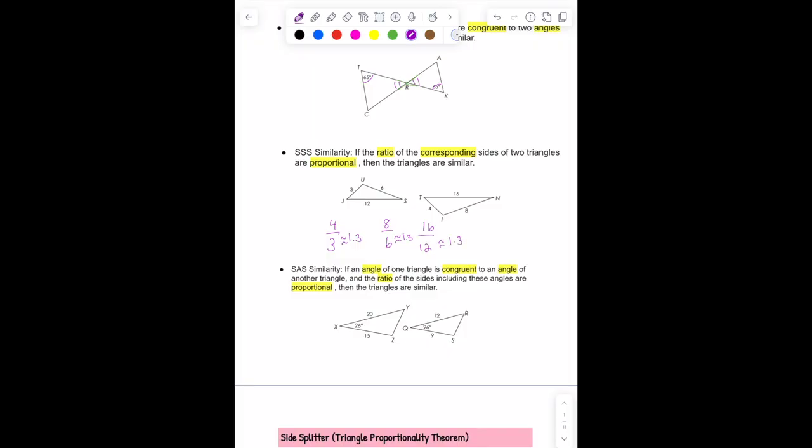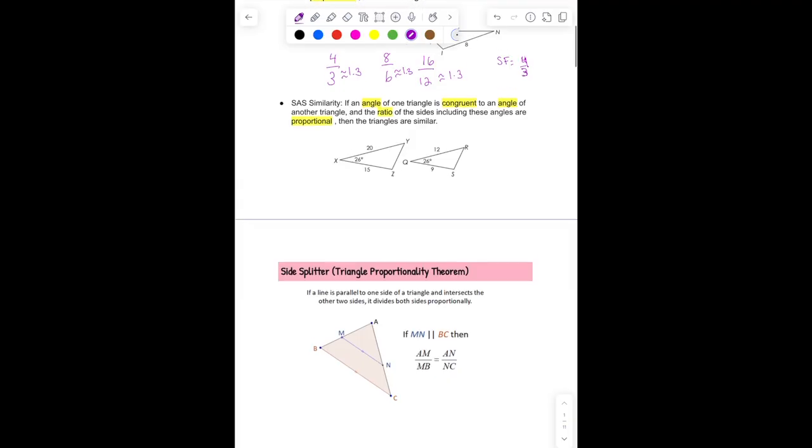They're a scale factor of 4/3, but for those of you who like to see it with decimals, they're all approximately the same. They all are the same decimal, approximately 1.3. But if you reduce each of the fractions here, you'll see that all of the fractions are 4/3, which is the exact scale factor. So I'm going to write here the scale factor of all the sides is 4/3. So the sides are proportional.